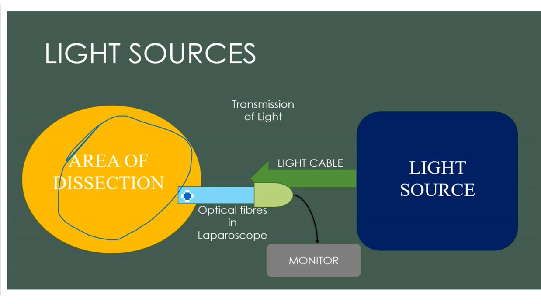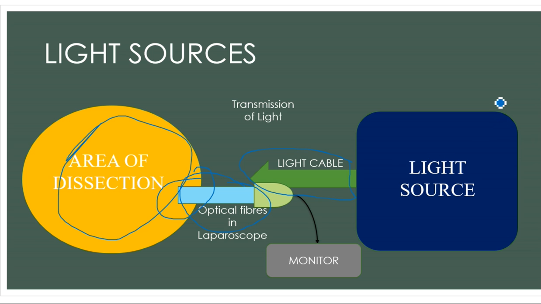This is the tip of the laparoscope that is inside any cavity, thoracic cavity or abdominal cavity and so on. This portion, the telescope and light cable, we have already discussed in the previous two videos.